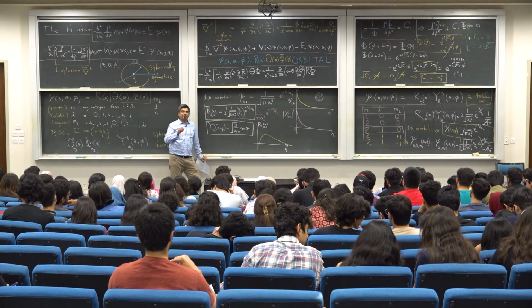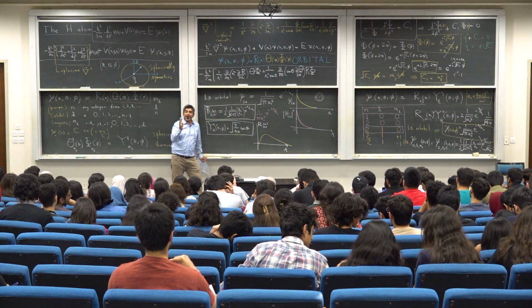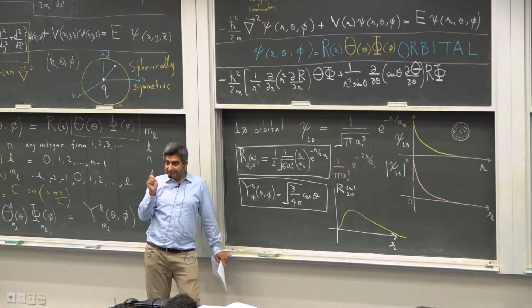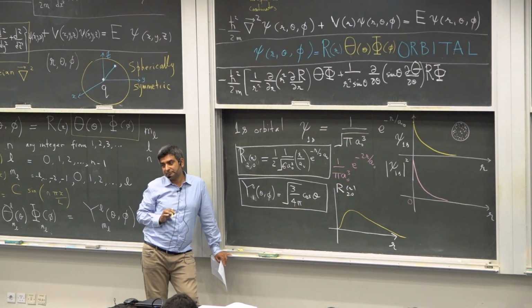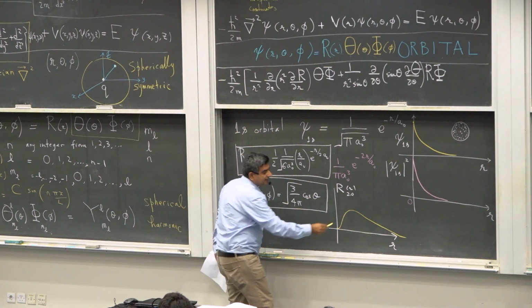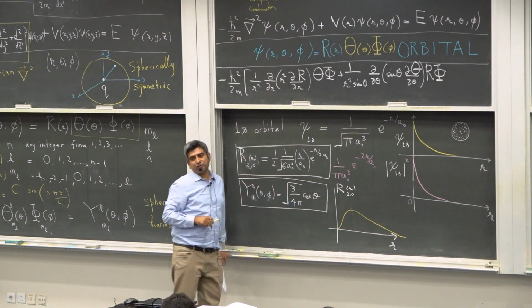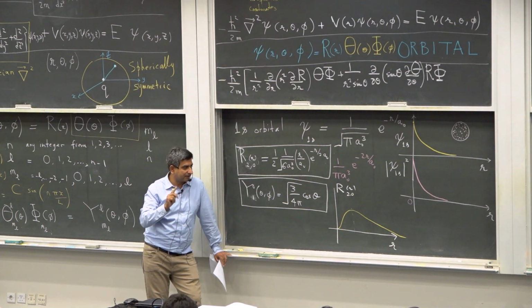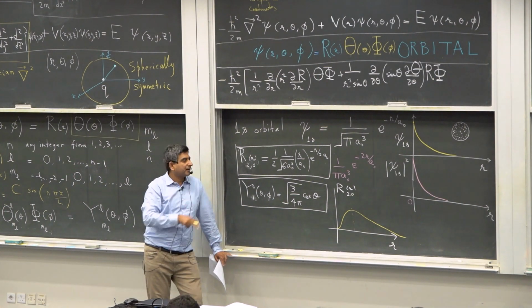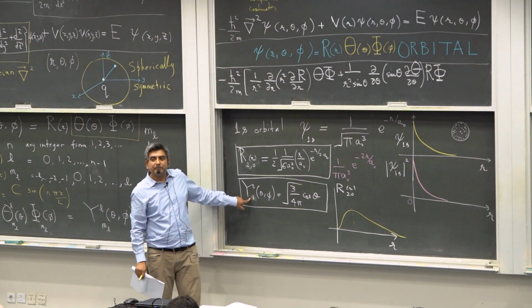This is what the radial part of the 2s orbital looks like. In fact, you'll find out that this peak is at 2 times a naught, 2 times the Bohr radius. We'll continue this discussion in the next lecture, by the way. So this is the radial part. How can I plot the angular part?